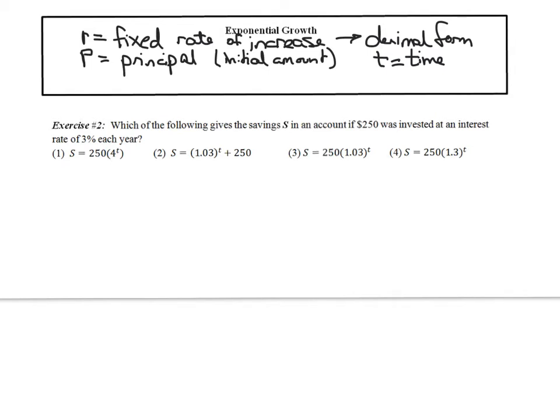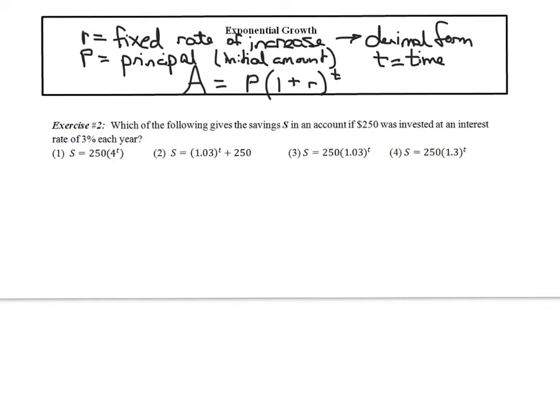So the equation that we have for exponential growth, A, I'm going to call amount, is equal to the principal or beginning amount times 1 plus r raised to the t. So this is an exponential growth equation where we know the rate of growth, we know the amount of time, and we know the initial amount.